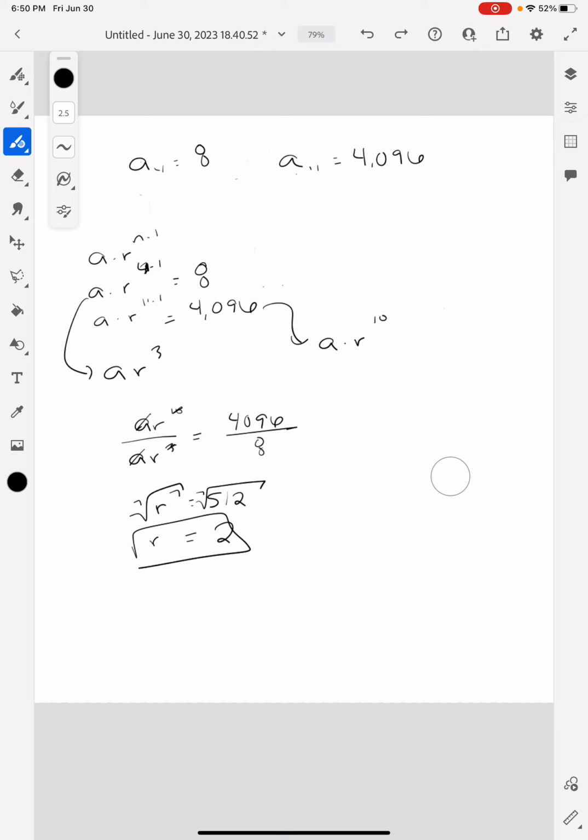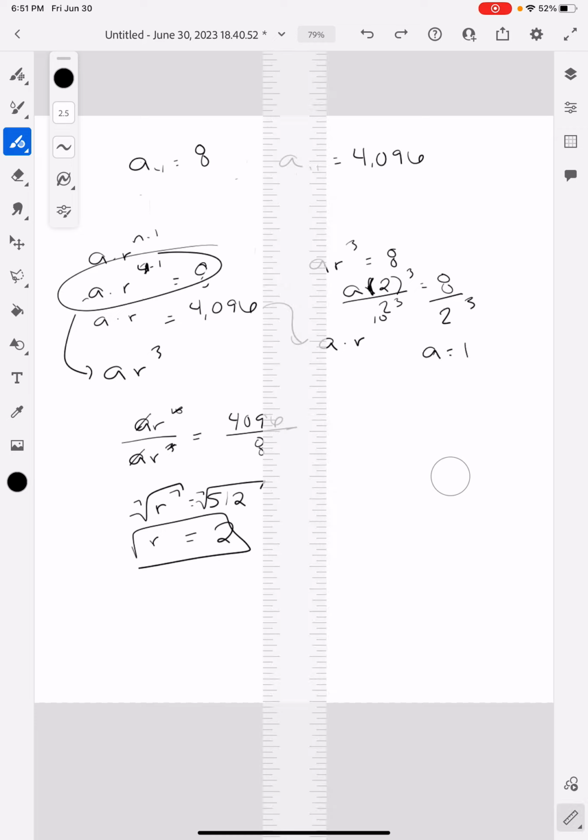So if I look at this first equation back from up here, I know that a times r to the third is going to be 8. So if this was a times 2 to the third equals 8, I would divide both sides by 2 to the third, and that's going to tell me that the first term is 1.